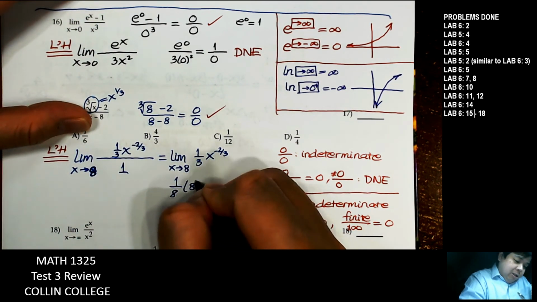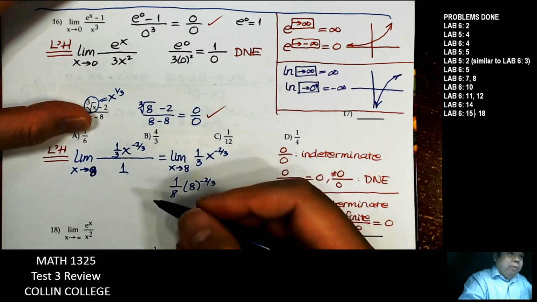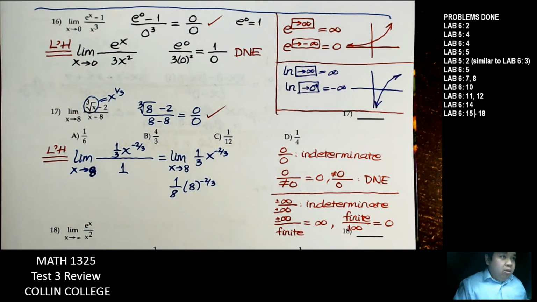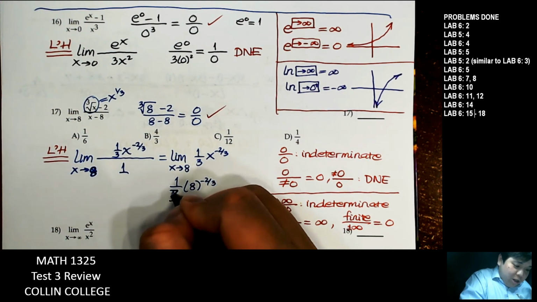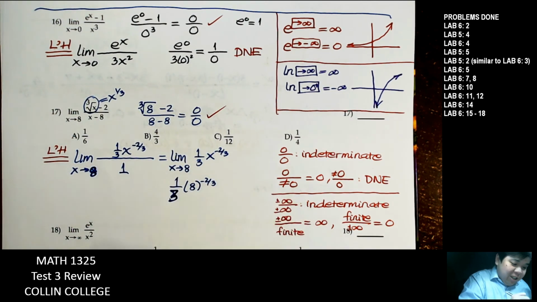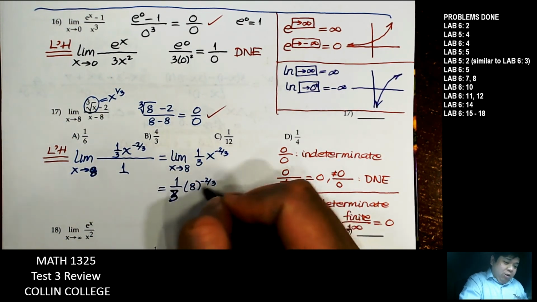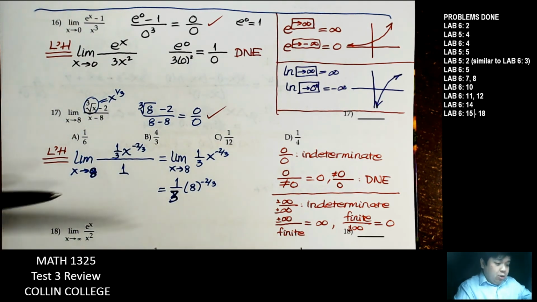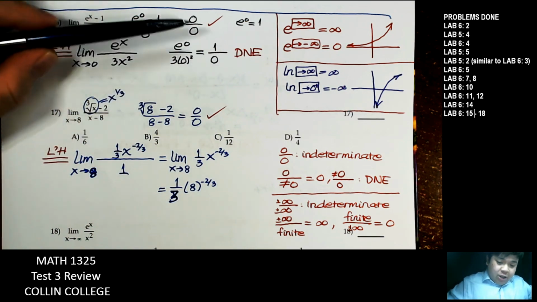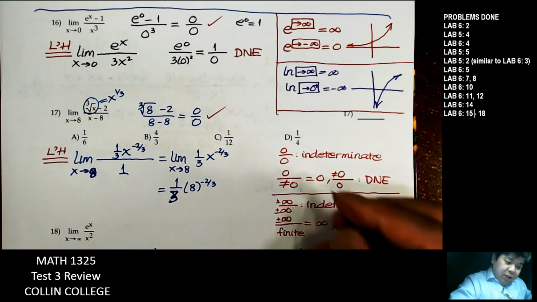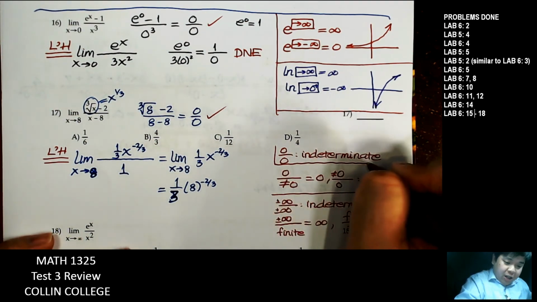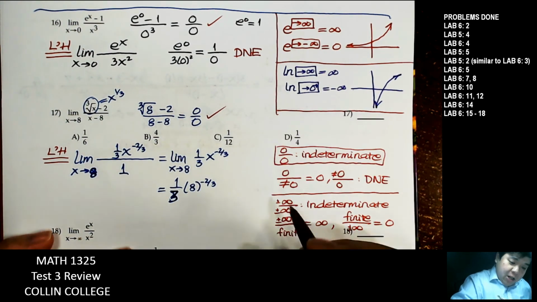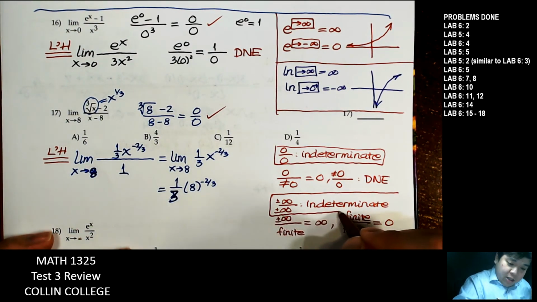So we take the derivative of the top and the derivative of the bottom. The derivative of the bottom is just 1. For the derivative of this, I will rewrite it as x to the 1/3, so the derivative is this. And then we're going to put 8 in it.